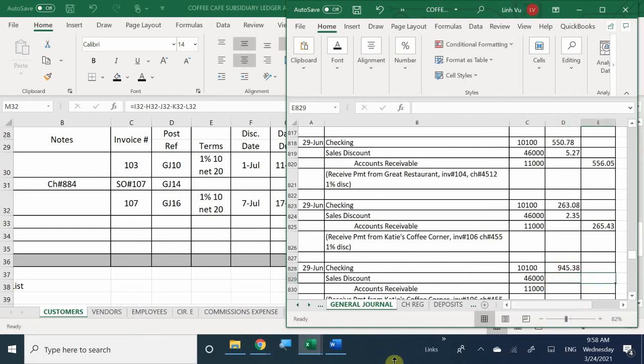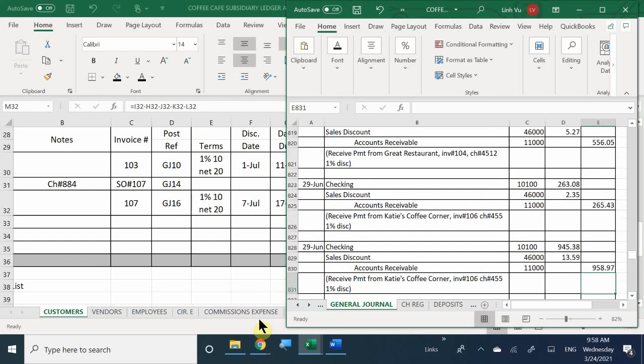The discount was for $13.59. So therefore, the total amount they owed us previously was 958.97. All right.